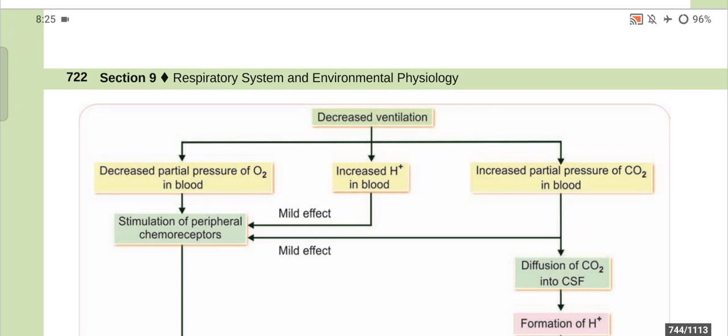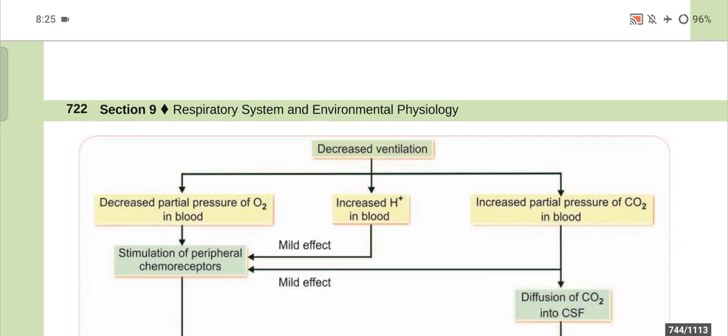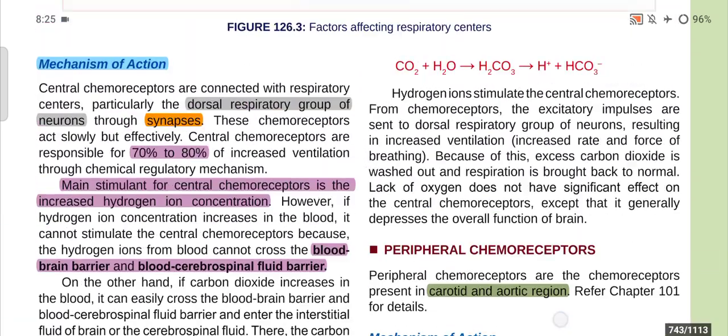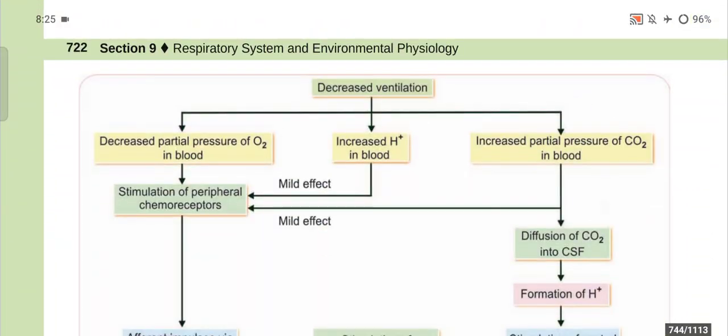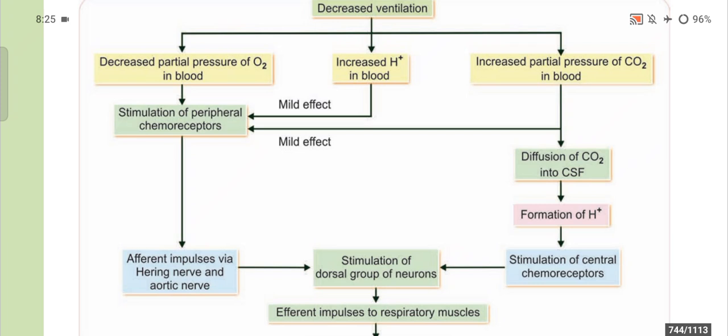First of all, we have discussed hypoxia, then increased hydrogen ion concentration in blood, then hypercapnia. Then the increased partial pressure of carbon dioxide in the blood will diffuse into CSF, which will form H+ ion, which stimulates the central chemoreceptor, and which stimulates the dorsal group of neurons.